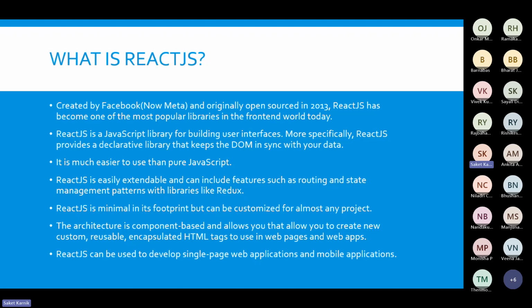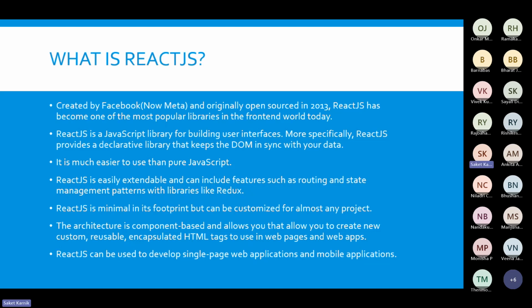Right? So the smooth interfaces, smooth rendering, smooth transitions is what we need. And React.js mainly targets the same. Right? So you can see the second point. It is a JavaScript library for building the UI for web applications.